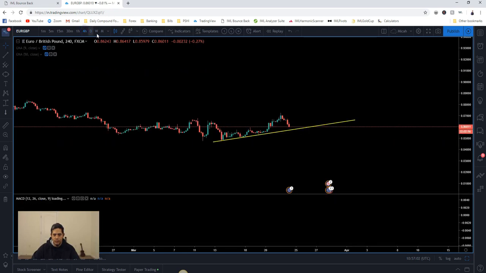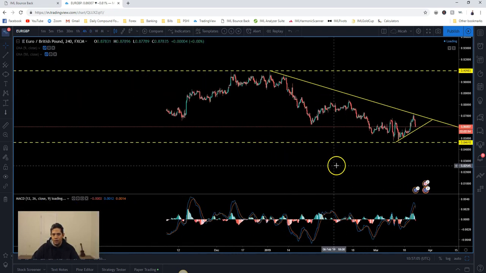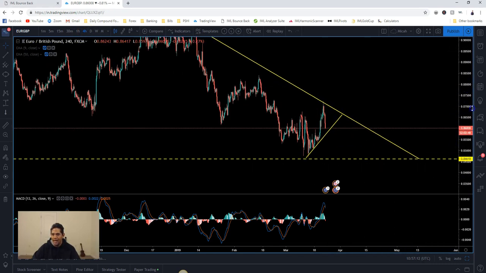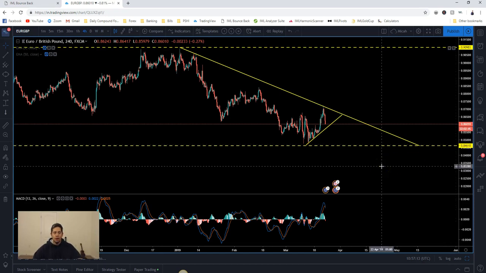Okay, now let's break it down a little bit more. So this is where we got the bounce back. It was called on the 4-hour time frame. So what do I see here? My overall market, as you can see, is down.